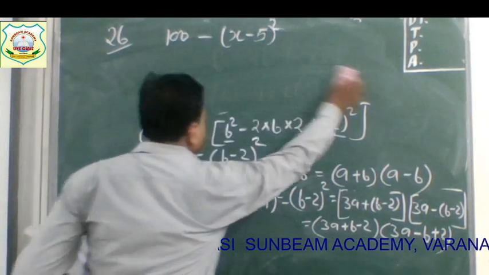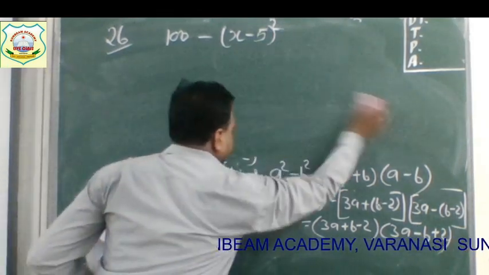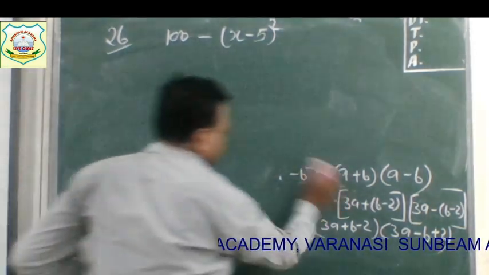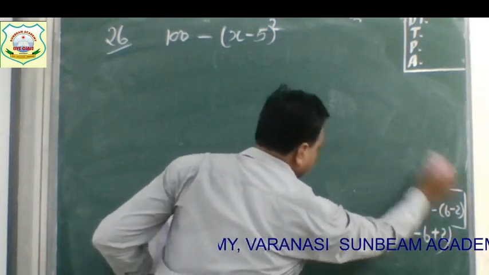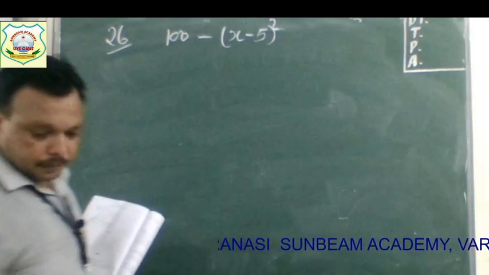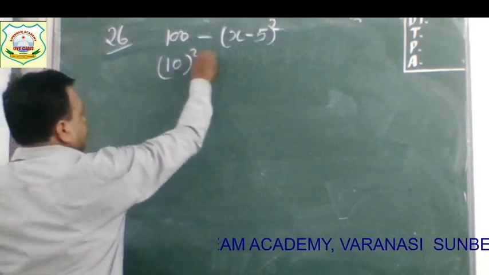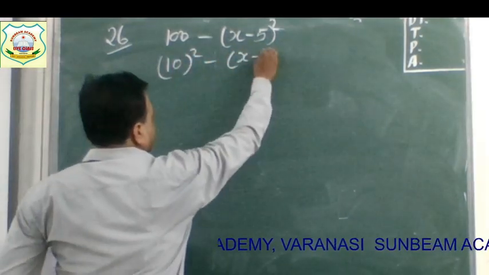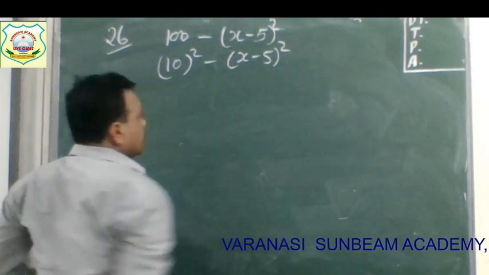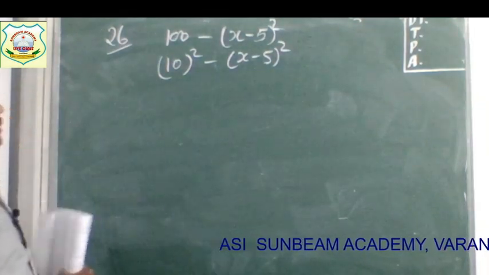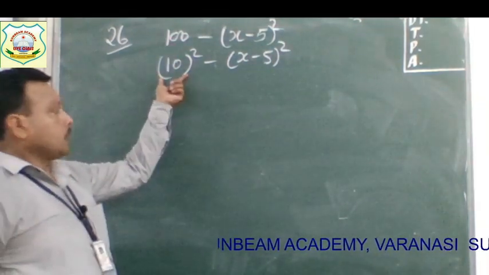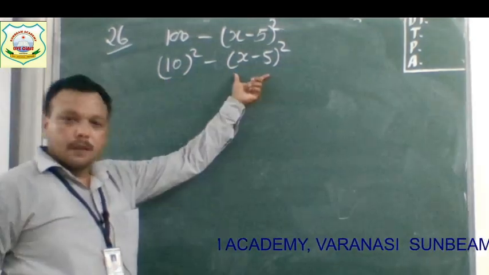Yes, everyone noted. Now students, it is also the same here. 100, that is ten whole square, minus x minus 5 whole square. So now everyone understood. We have got here ten whole square, that is a square, minus this, which is the form of b square.